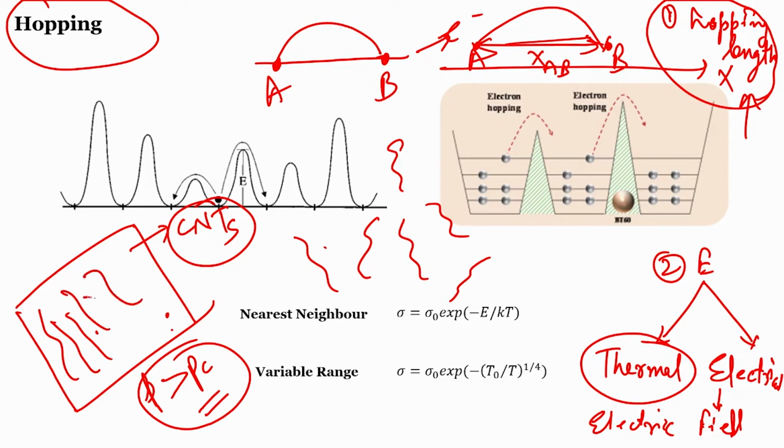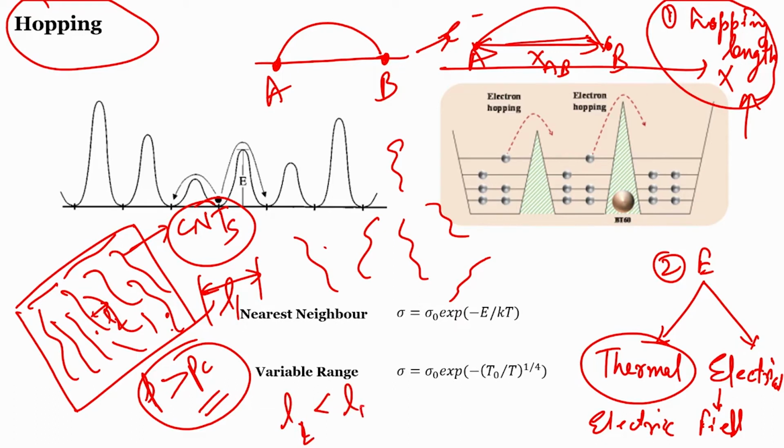So I am just drawing a denser carbon nanotube system in the same polymer composite, and what happens here is, if previously the mean length for the electron to hop was L1 and here the mean length is L2, here L2 will be less than L1 and L2 should be less than or equal to the hopping length, which is the length required for the electron to make that hop, to make that jump from point 1 to point 2.